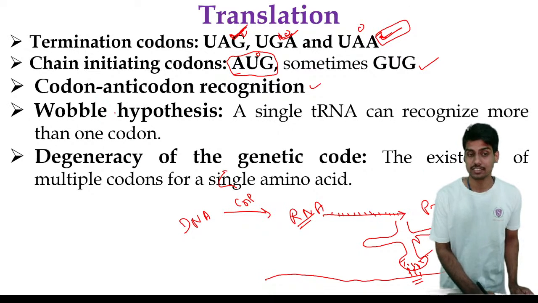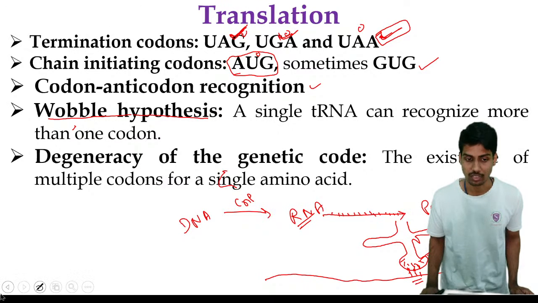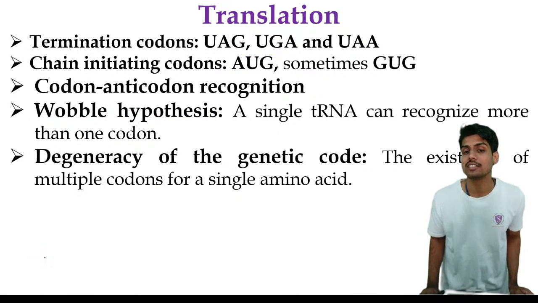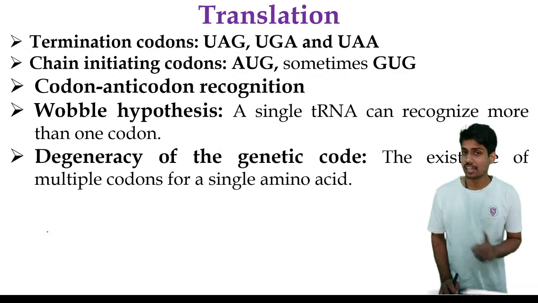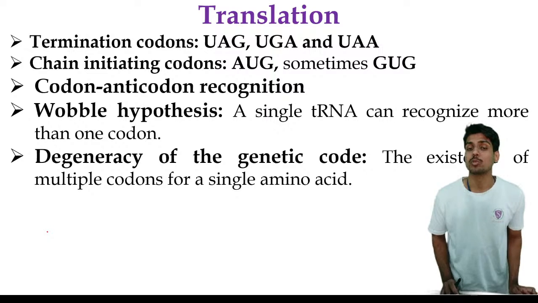Then there is a hypothesis called the wobble hypothesis. Wobble hypothesis means that a single tRNA molecule can recognize more than one codon.